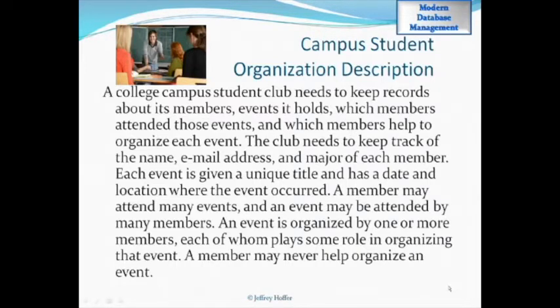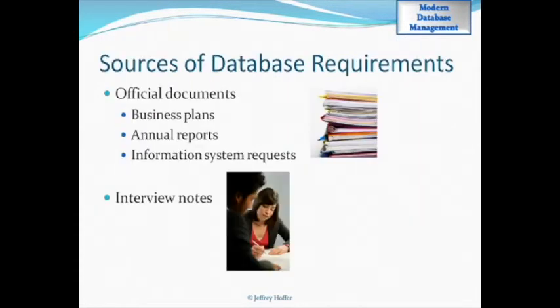So you ask, where do you learn what the data requirements are for an organization? A textual description such as that shown here might be found in official organizational documents. For example, business plans, annual reports, or statements of needs for an information system.